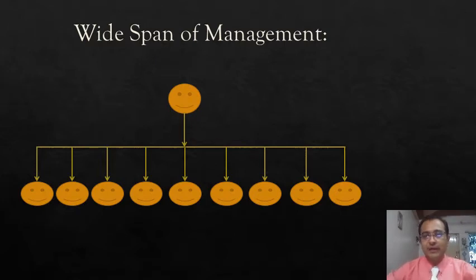That is why it is considered a wide span of management. Once again, wide span of management suggests that there are many subordinates working under a single manager, and there are no sub-managers to help the manager.